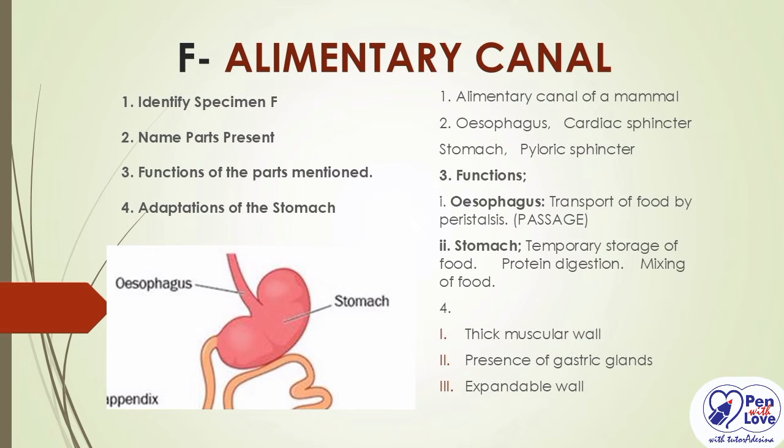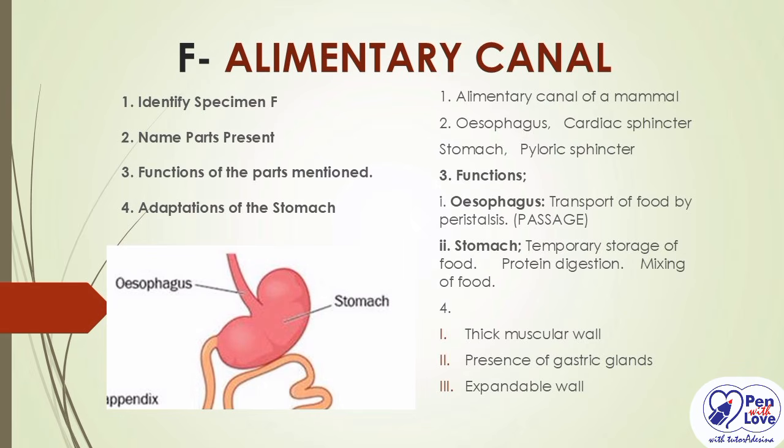So they can also ask us the functions of each part, majorly the esophagus and stomach. The esophagus is majorly a passage for food through a movement called peristaltic movement, because of the ciliated tissue in the passage itself. So they transport food by peristalsis. The stomach stores the food temporarily.